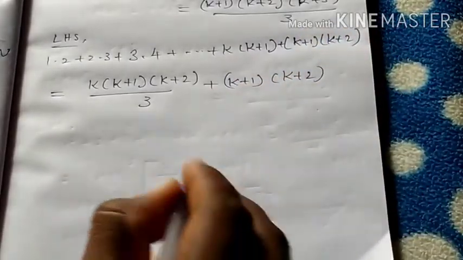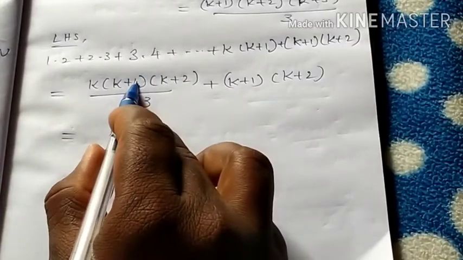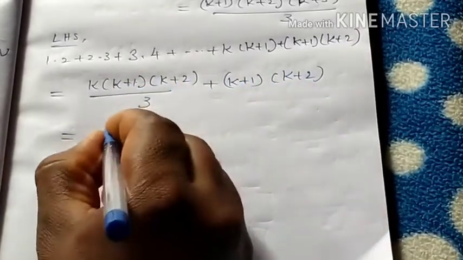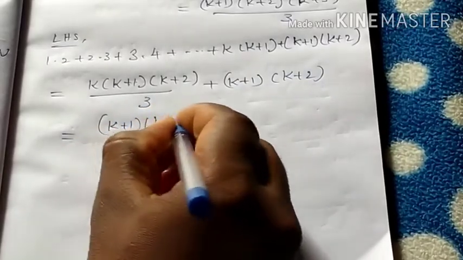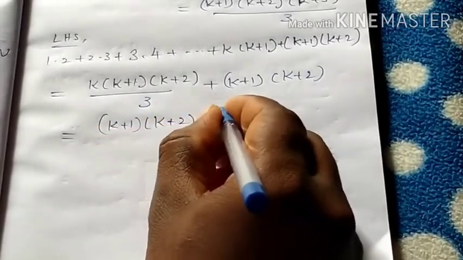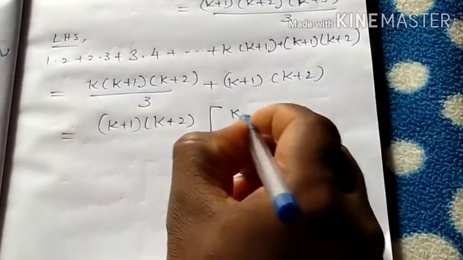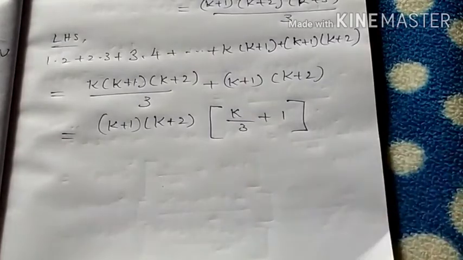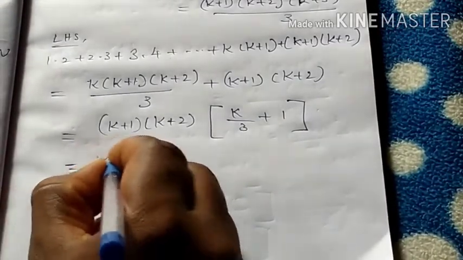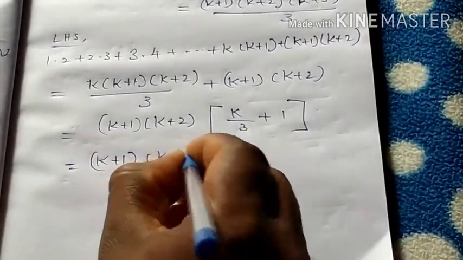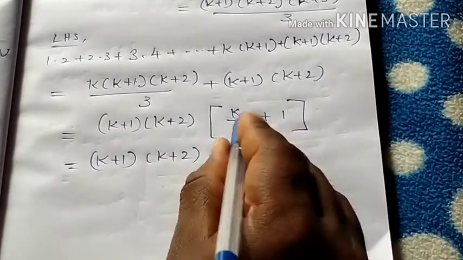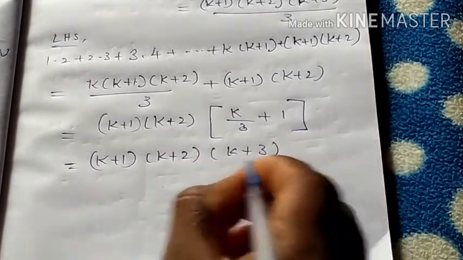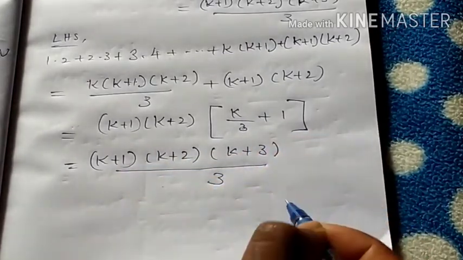Okay, this is the remaining term, which is equal to, compare both the terms, (k+1), (k+2), (k+1), (k+2). So (k+1) into (k+2) taking outside, remaining here is k by 3, here fully taken outside, so remaining is 1. Okay, it is equal to (k+1) into (k+2) into (k+3), 3 ones are 3, divided by 3, so the whole divided by 3.